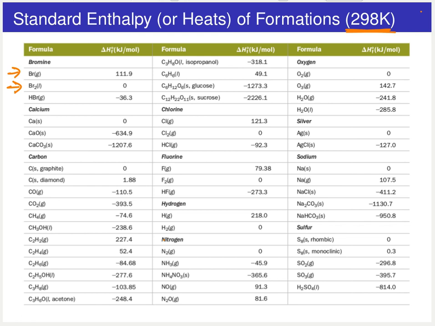And we saw how Br, first of all, is not the most stable form for bromine, right? The most stable form for bromine is the Br2 form, okay? And it turns out here that for elemental bromine, the most stable form with a corresponding enthalpy of formation of 0 is Br2 in the liquid state, okay?